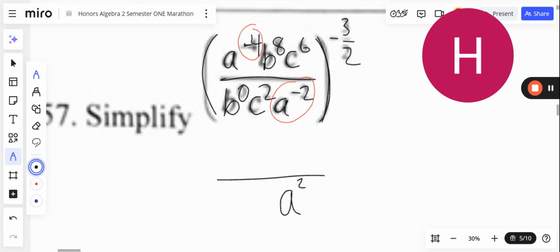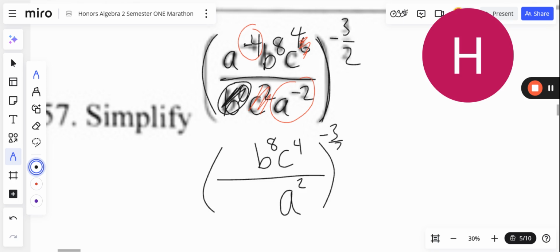We're basically adding 4 to the bottom is what I should say. b to the 0, that's just 1, so it doesn't really do anything. We're left with b to the 8. And then what about the c's? We have 6 on top, and we have 2 on bottom, so we're going to be left with 4 of them on top. All right, now all of this is to the negative 3/2 power.